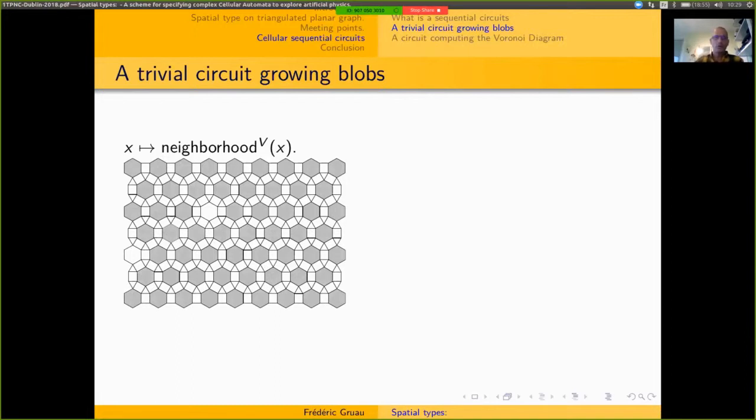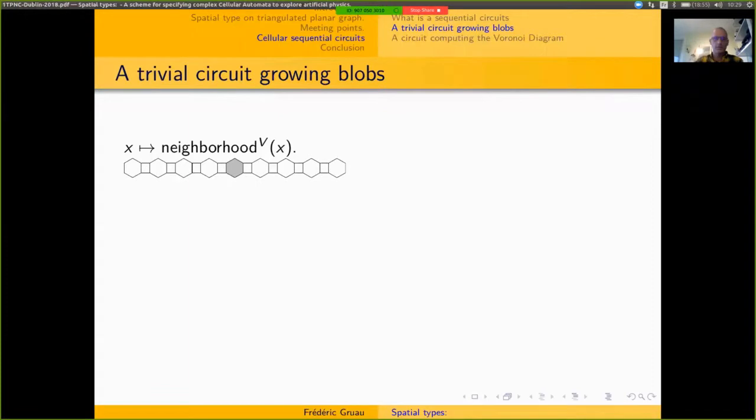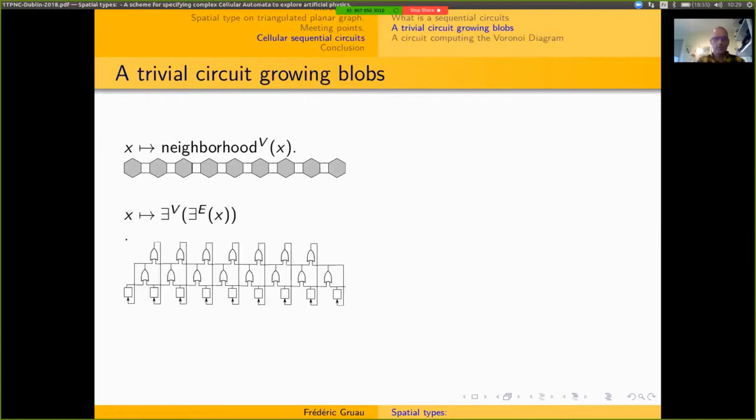We consider a one-dimensional version of this, because for this simple circuit we're able to picture the whole circuit, which is compiled from the formula of neighborhood, which I recall is the composition of 2 exist operators. For each of these exists, 1 OR gate is generated.